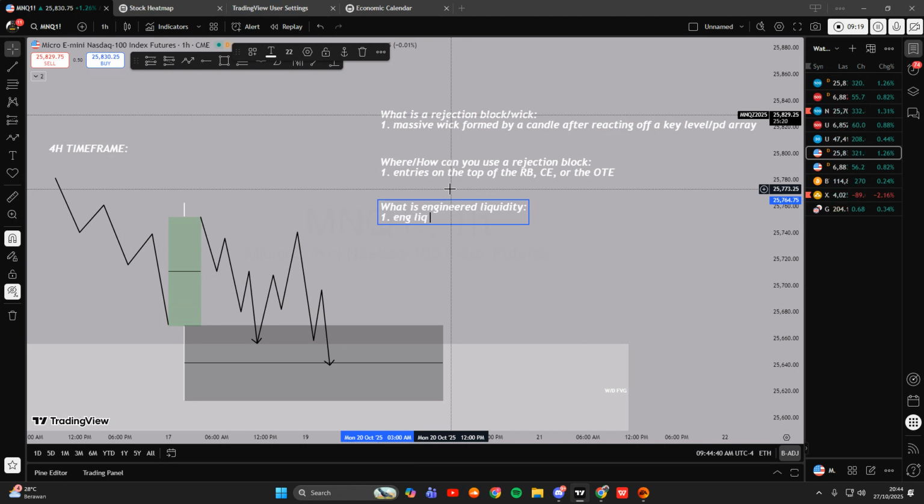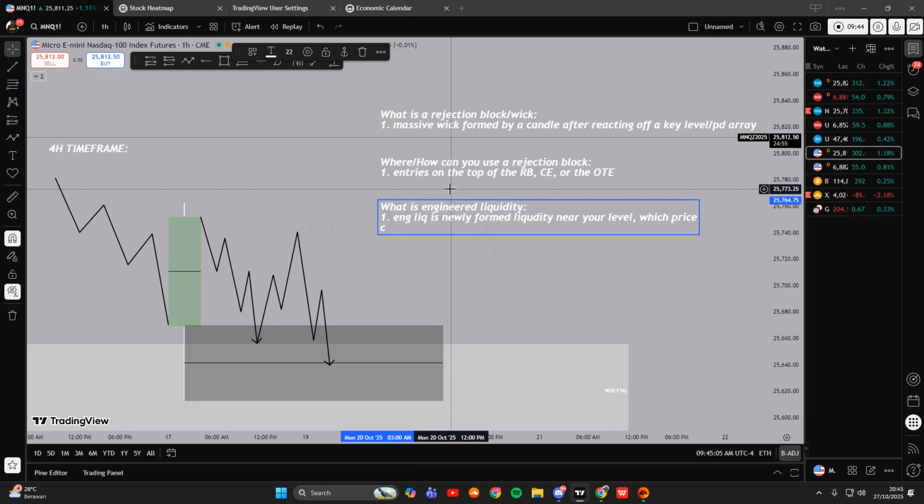Engineered liquidity is basically, how do I explain this, I guess you can say newly formed liquidity near your level, which price can sweep slash tap into to further increase the probability of your level.